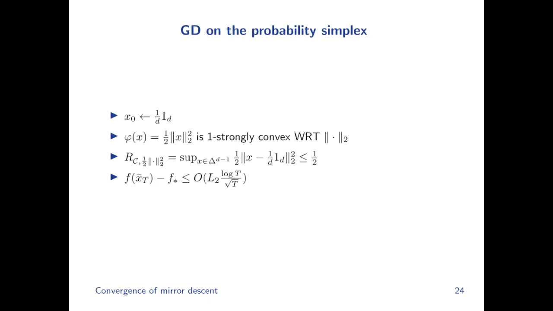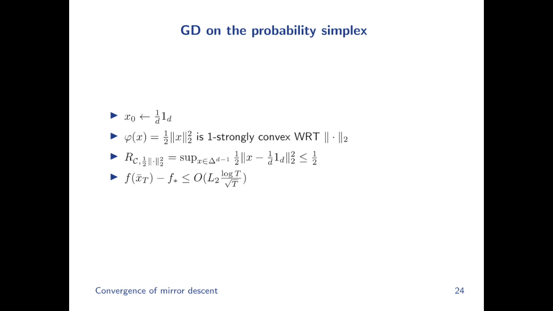So here's an example. You're going to do optimization on the unit simplex, on the probability simplex, and you're going to use gradient descent. Gradient descent, remember, is projected gradient descent, which is an instance of mirror descent, where you take the Bregman divergence to be the squared Euclidean distance.